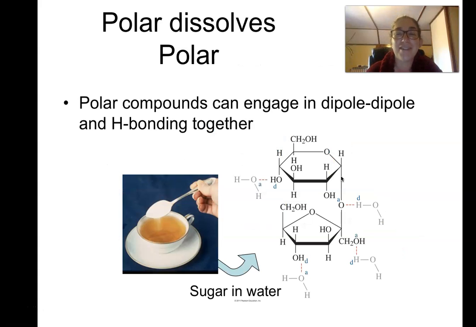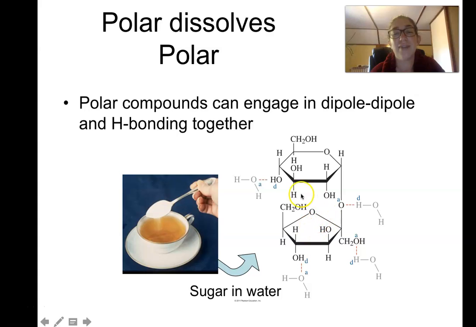The other half of like dissolves like is that polar things can dissolve polar things. That's because they can engage in either dipole-dipole interactions or hydrogen bonding together. A classic example is sugar in water, or tea here. Sugar is made of a molecule called sucrose, and this is what sucrose looks like.